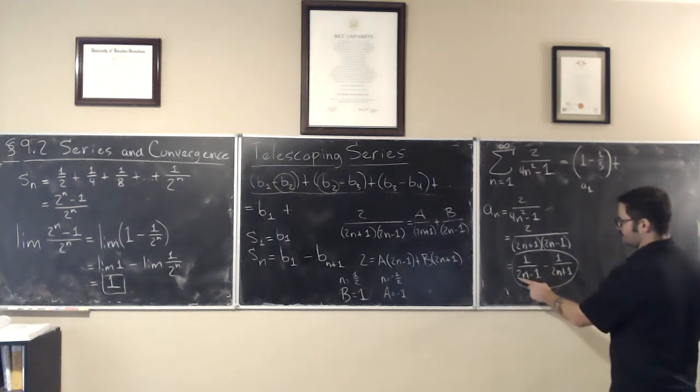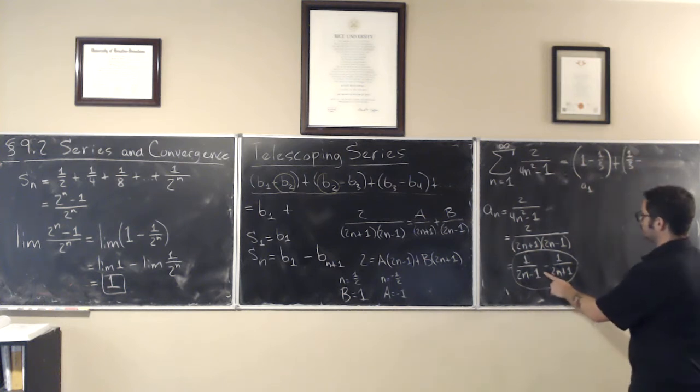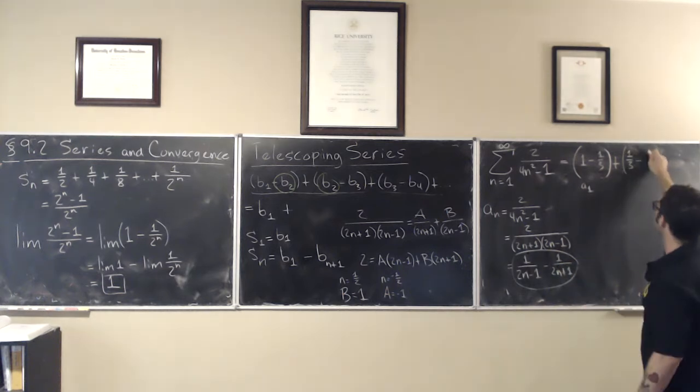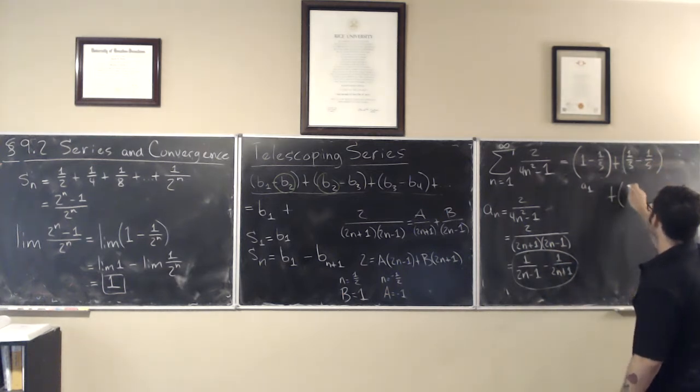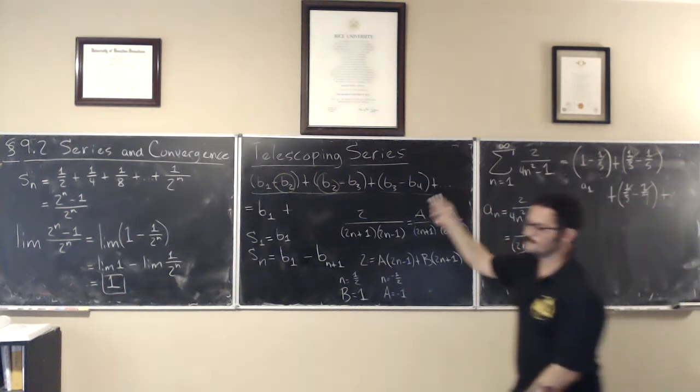So 1 over 2 times 2 is 4, minus 1 is 3, so 1/3 minus 1/5, plus A3, 1/5 minus 1/7. Do you see it happening now? It's telescoping.